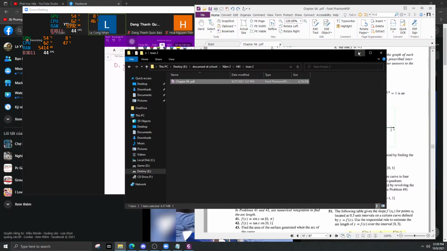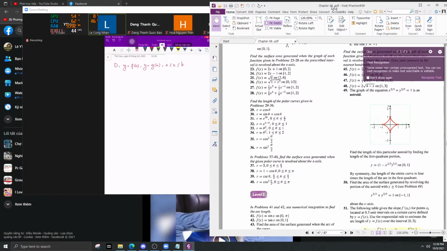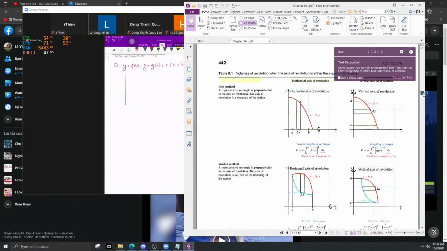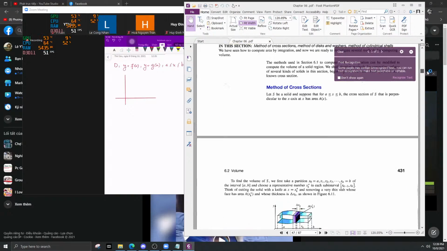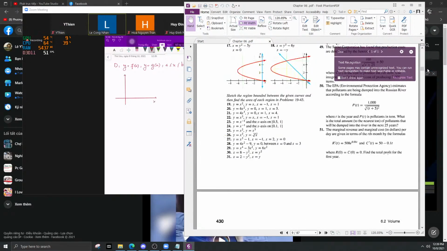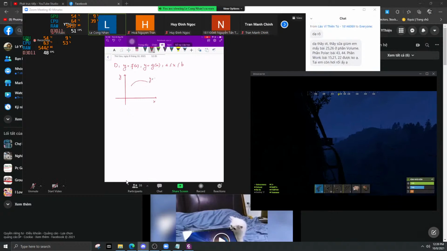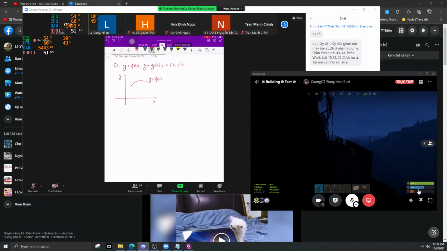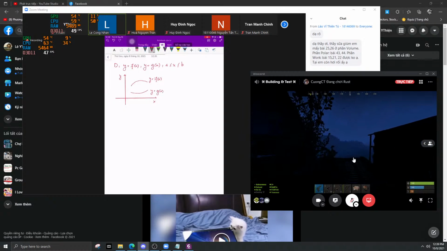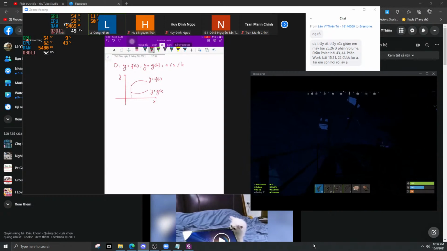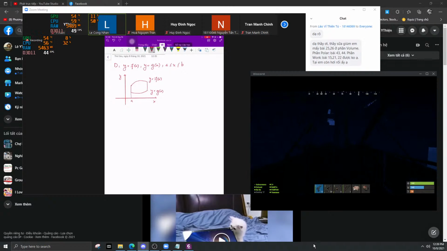we can get this region in the xy coordinate as follows. Assume that we have the curve y equals f of x and the curve y equals g of x, bounded on the sides by x equals a and x equals b.